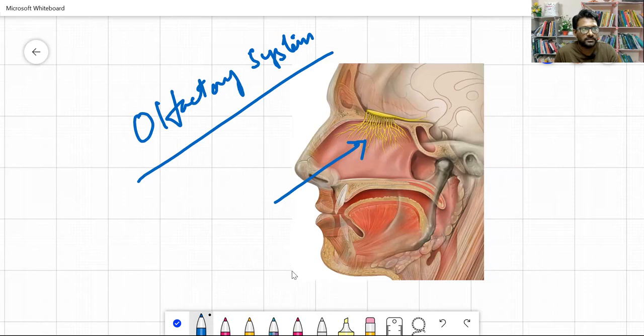This olfactory system contains different parts which give humans their sense of smell.